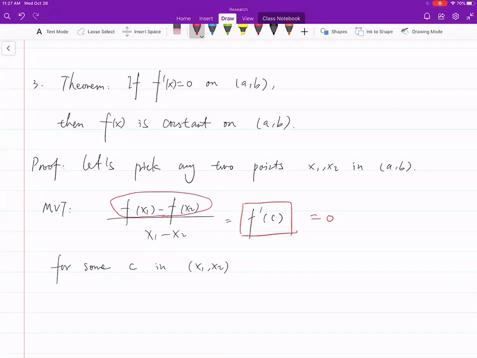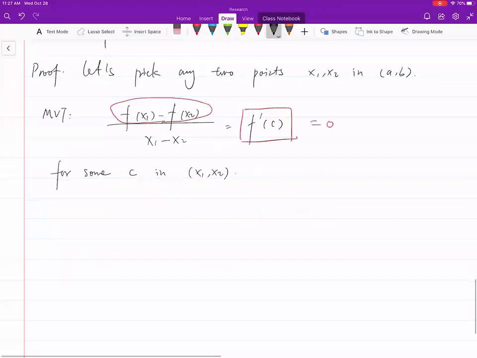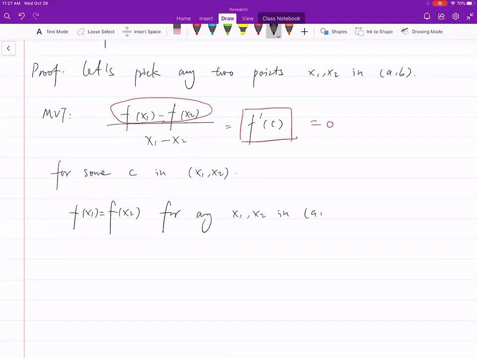Right? So which means fx1 equals fx2. That means if you minus them, it's 0 for any points you pick in AB. Otherwise, you violate the mean value theorem. Still okay?